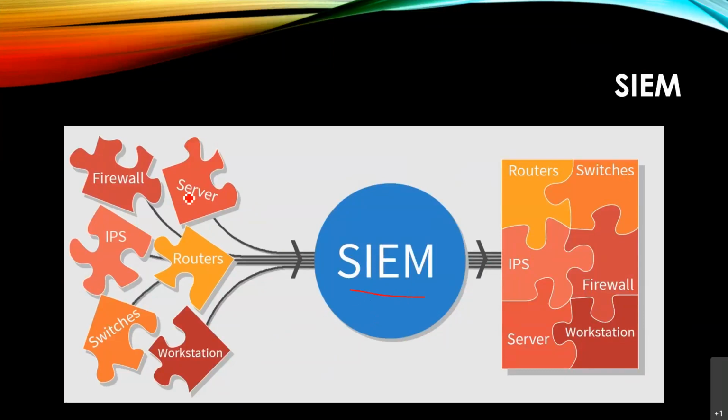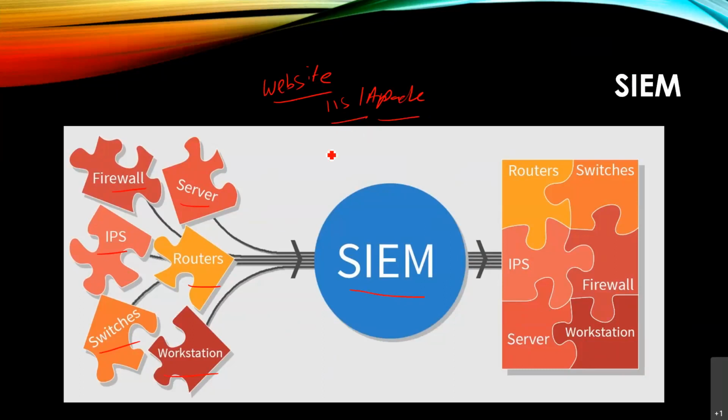It tries to collect logs from our servers, our firewalls, IPS devices, or maybe our routers, switches, workstations, or if you are hosting some applications, like say you have hosted your organization's website. For hosting the website, you will be using some application like IIS or Apache or Nginx, so it will collect the logs from these applications.